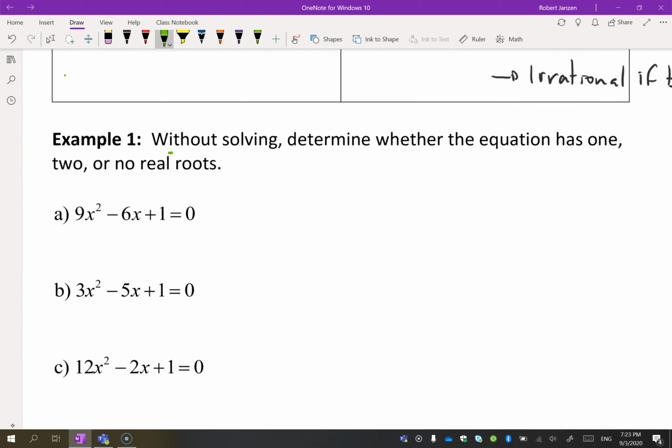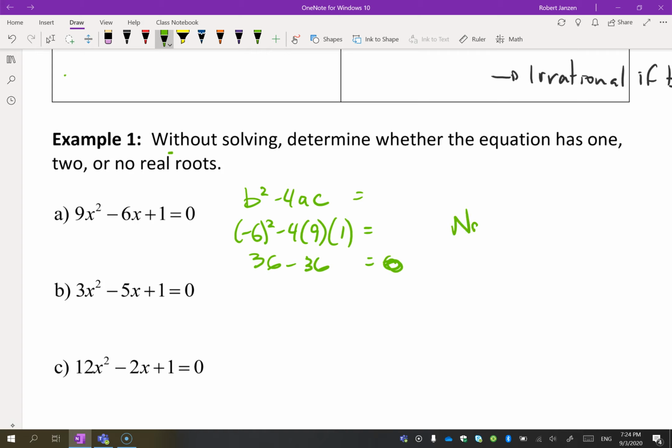So it says, without solving, determine whether the equation has 1, 2, or no roots. So we'll go b squared minus 4ac. So negative 6 squared minus 4 times 9 times 1. This equals 36, take away 36, which equals 0.